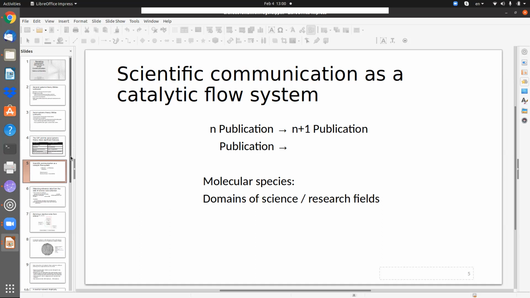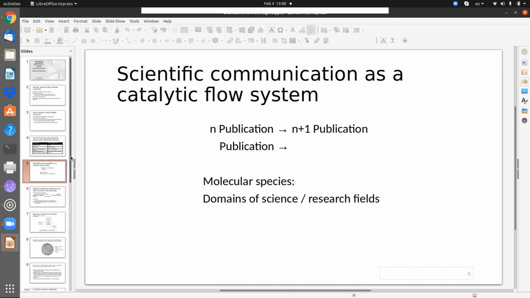So there we have an increase of publications producing reactions. Then secondly, for measuring autopoiesis, we only care about those publications that contribute to the autopoiesis, meaning producing more communications.